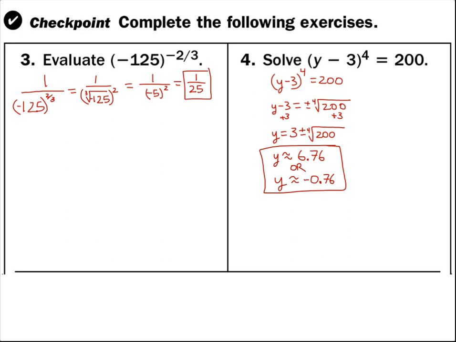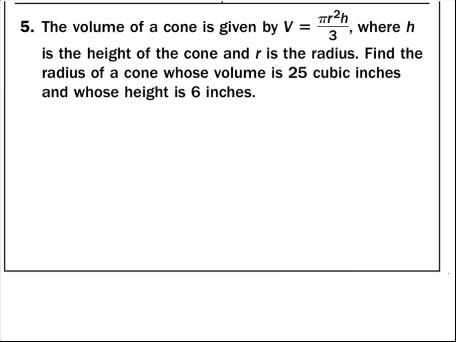help you there. Finally, to finish up, we have this problem 5 here on the checkpoint. The volume of a cone is given by V equals pi r squared h over 3, which is true, where h is the height of the cone and r is the radius. Find the radius of the cone whose volume is 25 and whose height is 6.